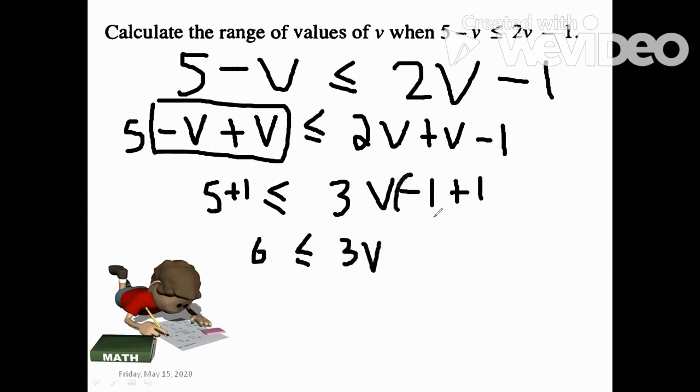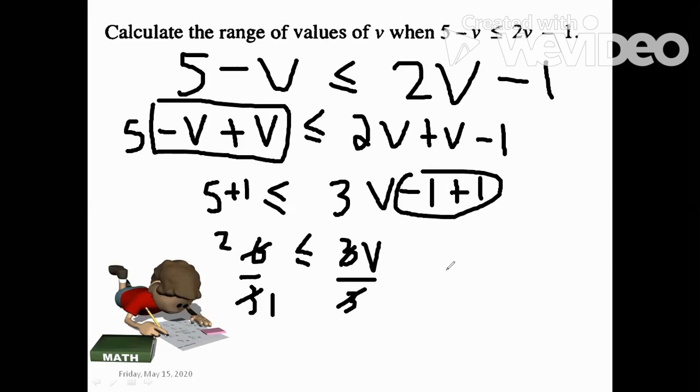Of course, this will give us 0. And then we just divide everything by 3. The 3's cancel here, 3 goes into 6 two times. So we end up with 2 less than or equal to v, or v greater than or equal to 2.